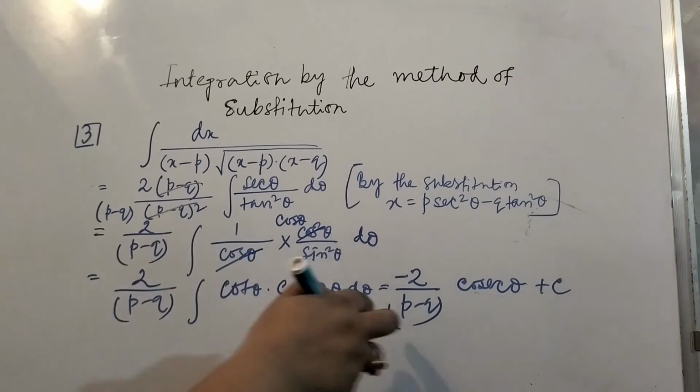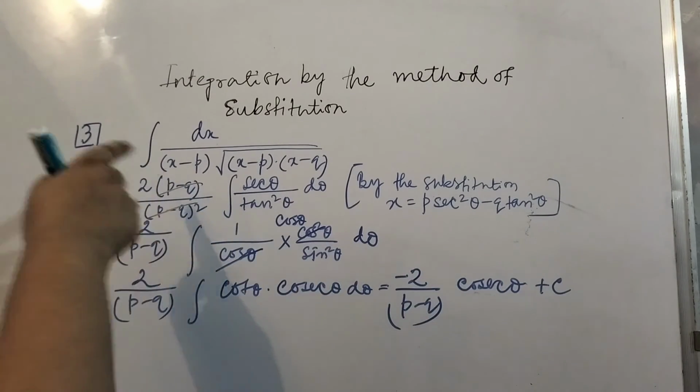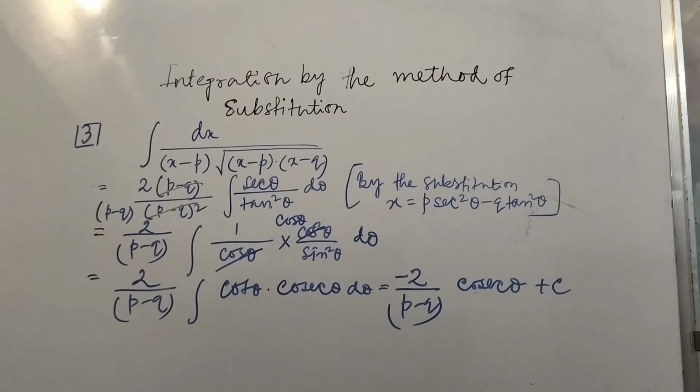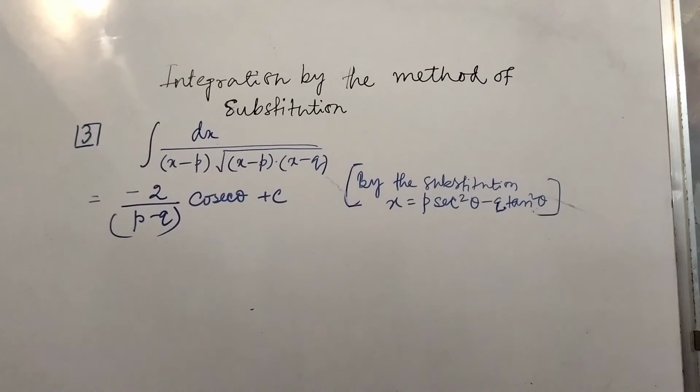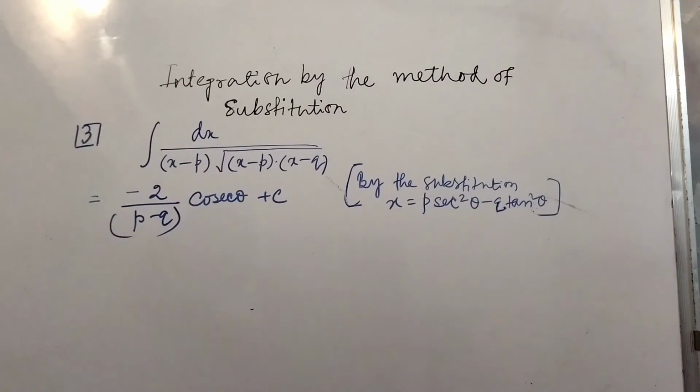Okay. Now we have to replace this cosec theta in terms of x. So now let's see how to do this. So after integration we have found minus 2 by p minus q into cosec theta plus c plus constant of integration.